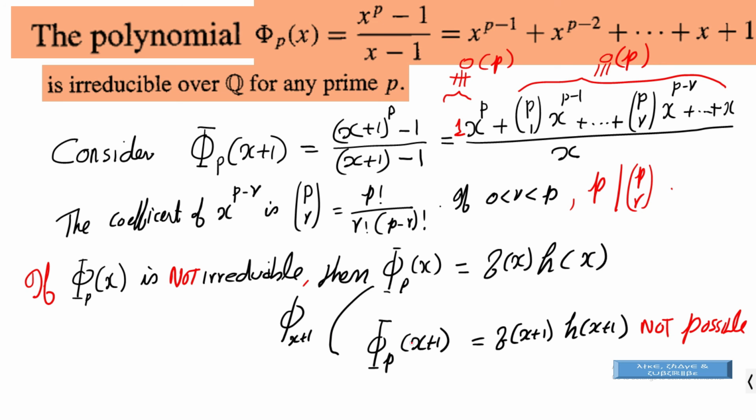So it means that capital phi p of x cannot be written in the form f of x into h of x, so that expression is also not possible. Hence it is not possible to say that capital phi p of x is not irreducible. So we have completed the proof, and this is an application of Eisenstein's criterion. Thank you.